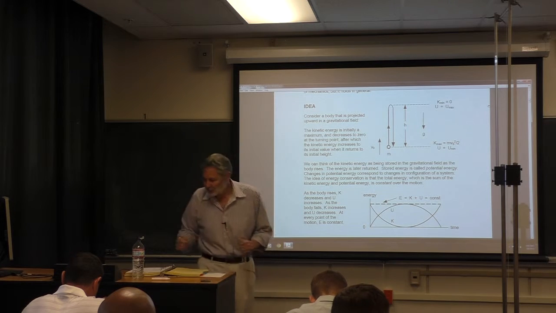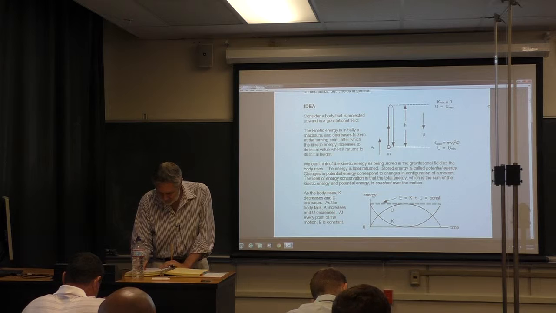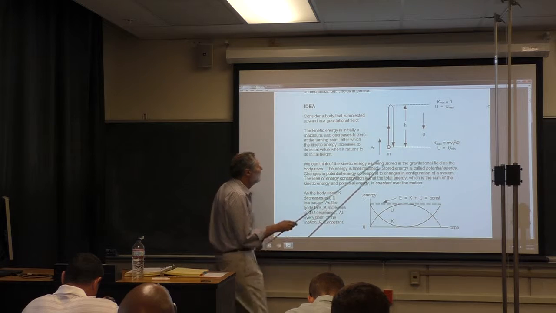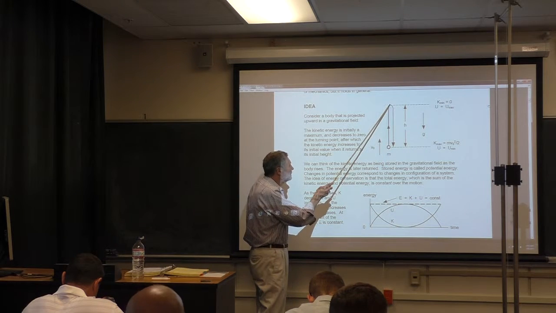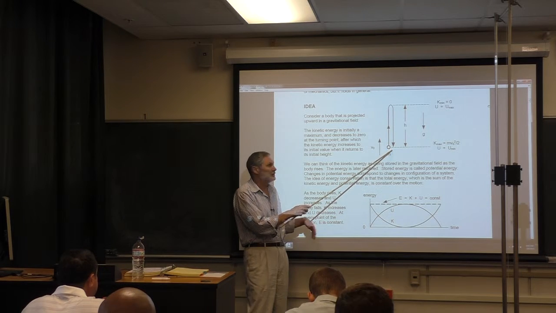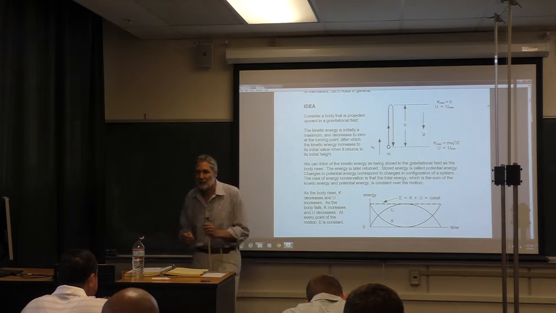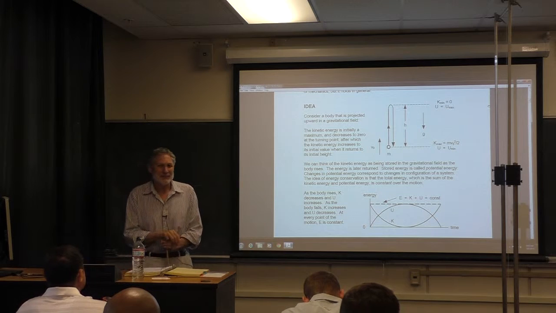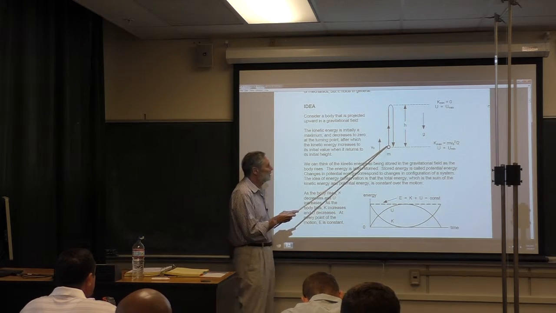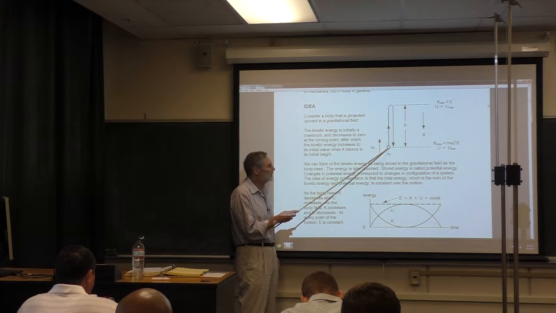Right at the top, what's the kinetic energy? That's exactly right. Then the kinetic energy starts to pick up again, and finally, since we're neglecting air resistance here, it's going to be the same as it was before. So the way we think about this is that we have this initial energy. It's kinetic energy.